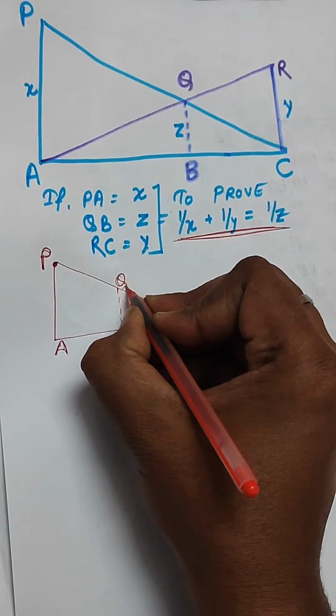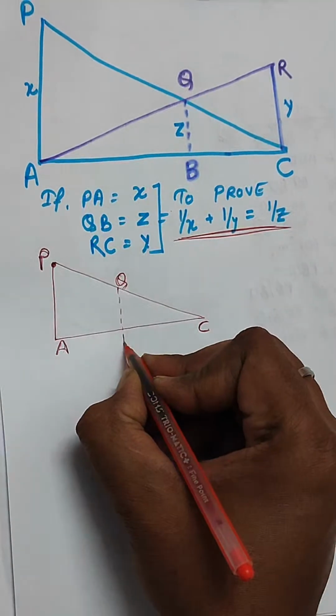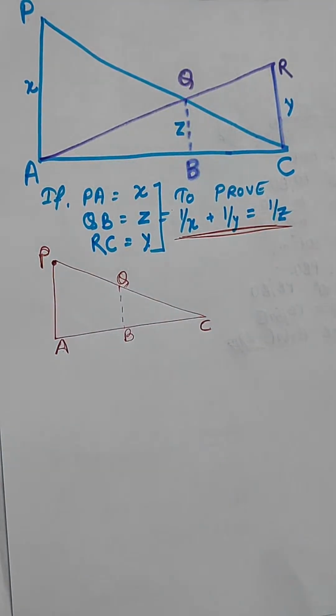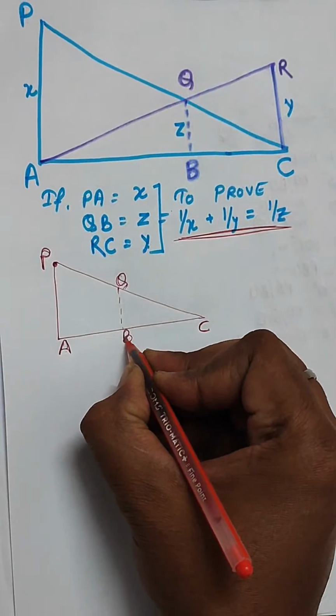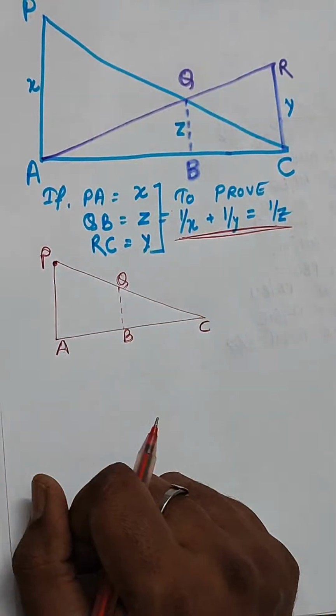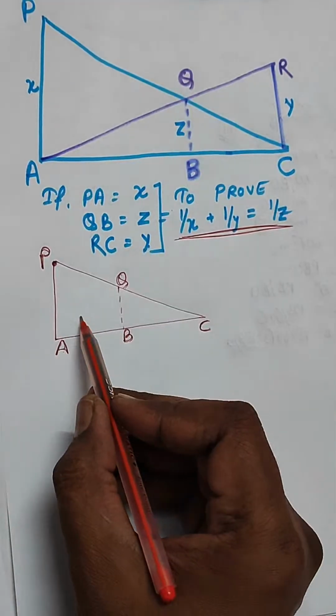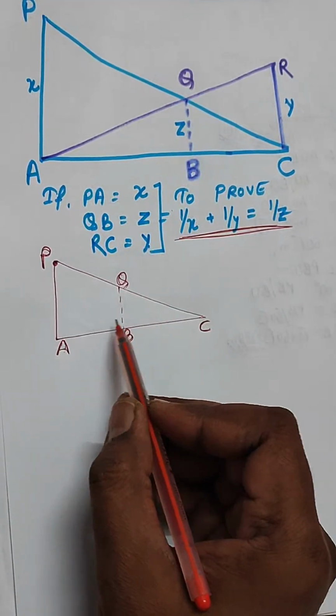This is Q. Now my dear friend, let me name it. I think it's visible, right? It's QB.